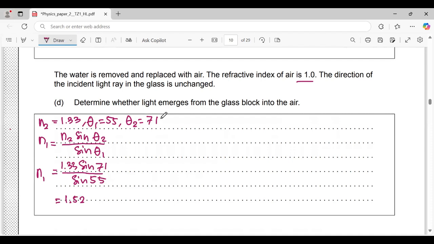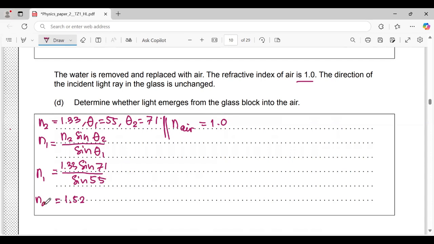Now, the refractive index of air is 1.0 according to this information, and n glass is this one.